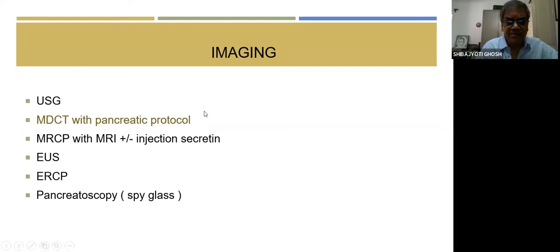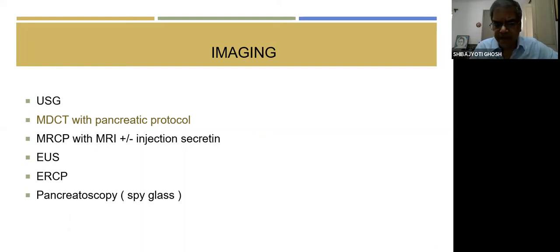But if there is still some doubt in the CT scan regarding chronic pancreatitis, sometimes MRCP may compensate, not always. Secretin MRCP is one mode of MRCP which is usually used in the very early cases of chronic pancreatitis, where the diagnosis is still in doubt.